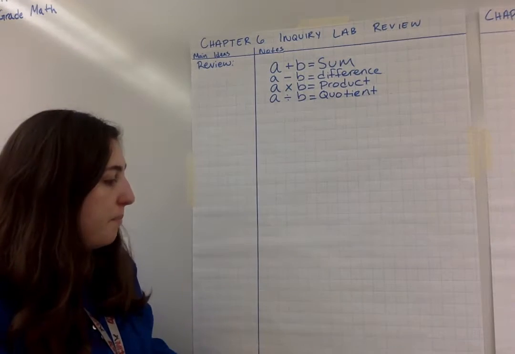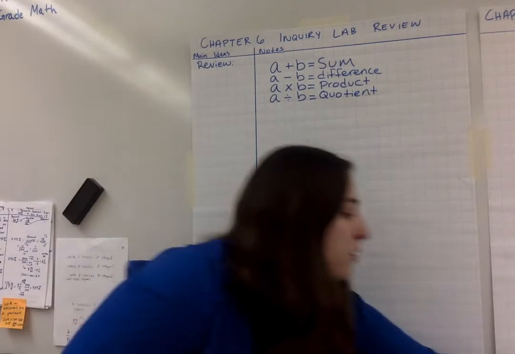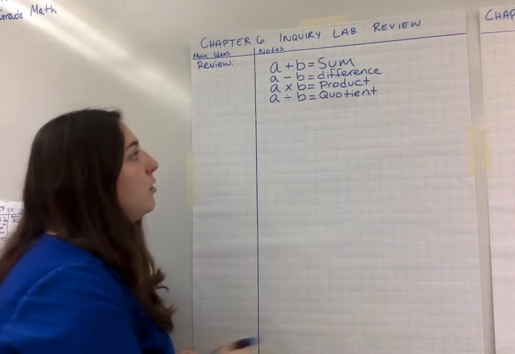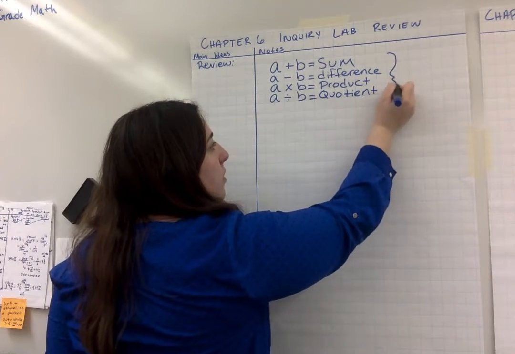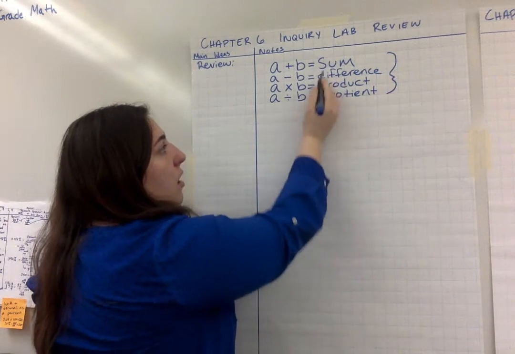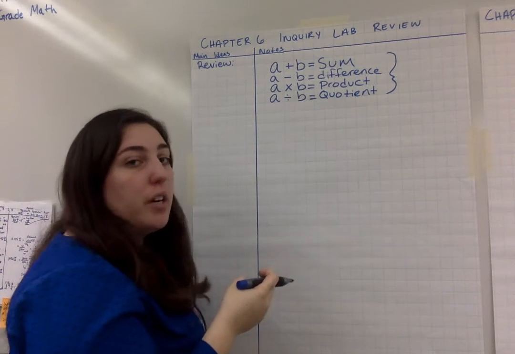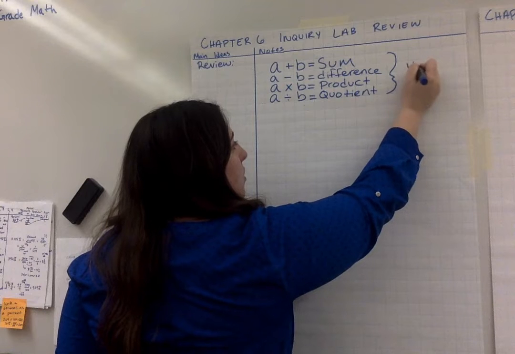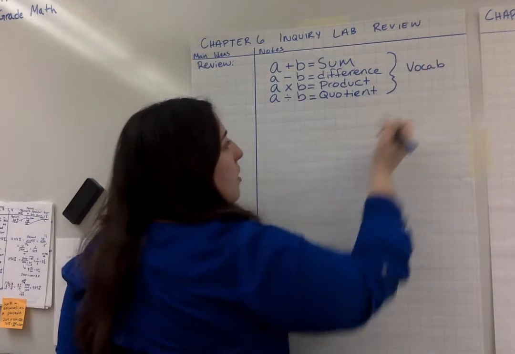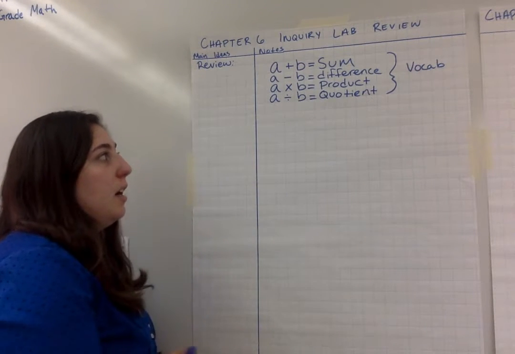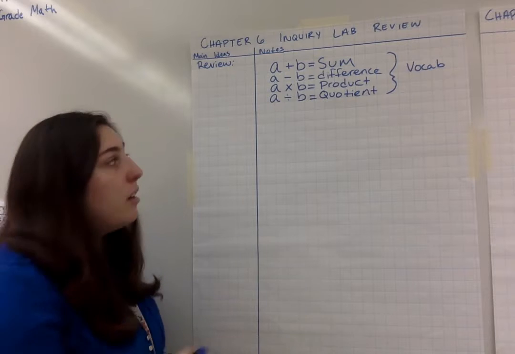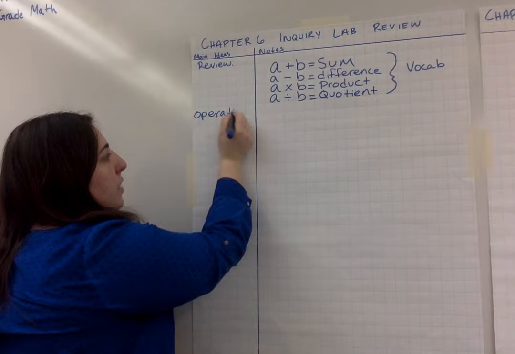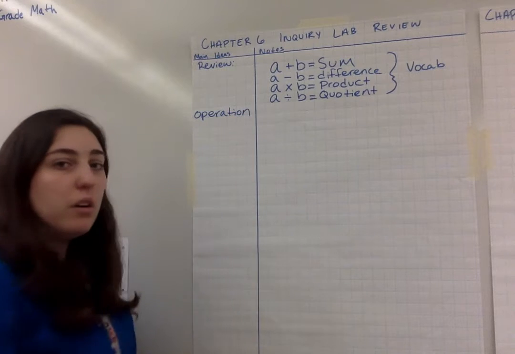All right. So these are some vocabulary words you're going to need to know. I'm just going to put vocab and make sure you learn them. And then operations. Let's go over what an operation is real quick.